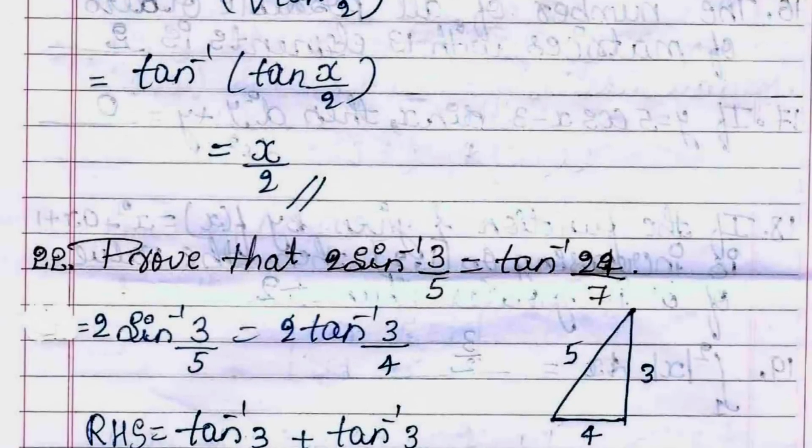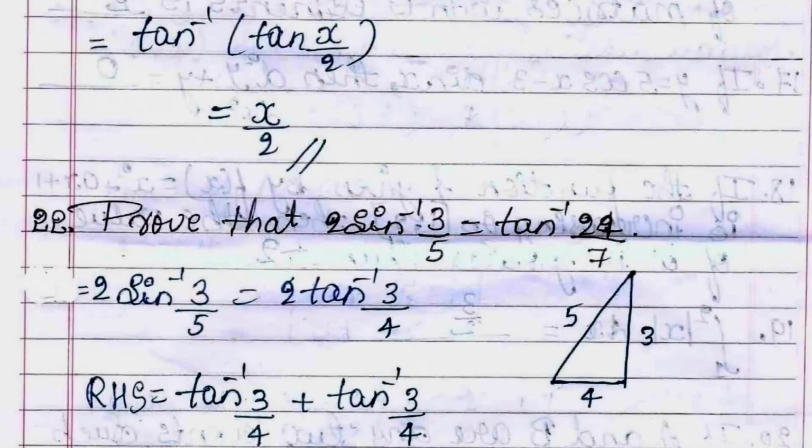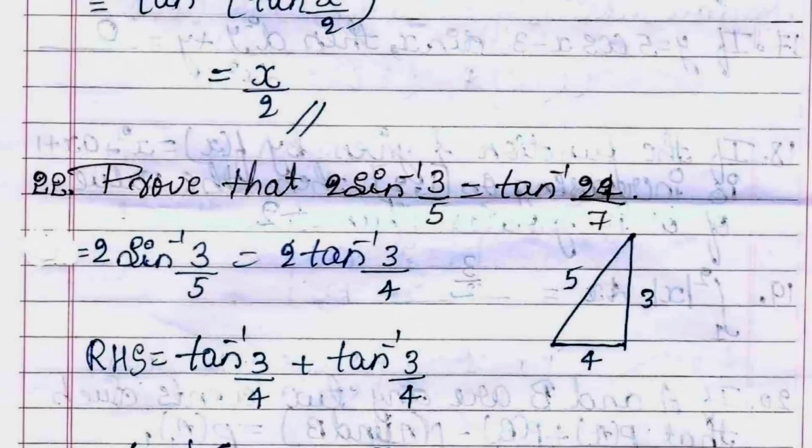Prove that 2 sin inverse of 3/5 is equal to tan inverse of 24/7, and the answer is below.